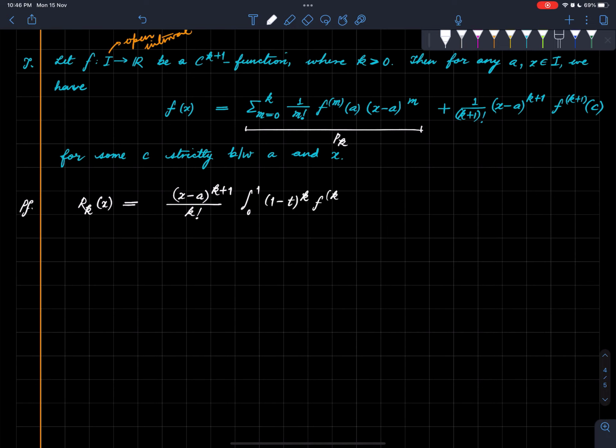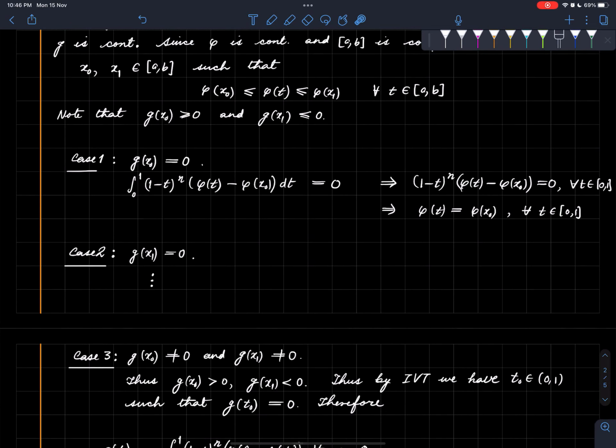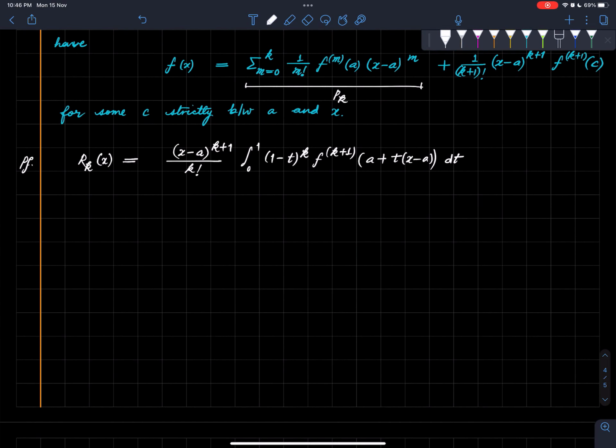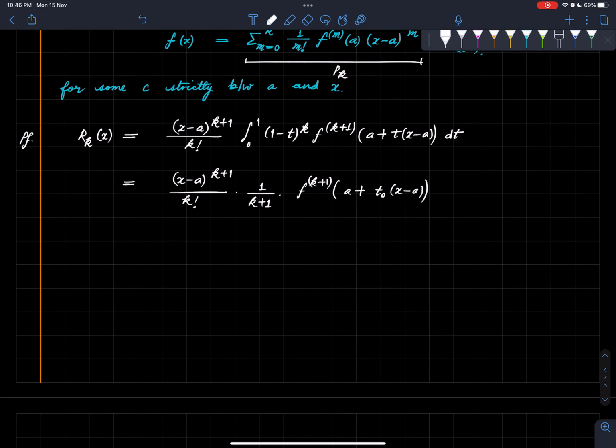So that's what it is, and now think of this as phi in our previous lemma. So by that lemma we know that this is equal to (x minus a)^(k+1) upon k factorial, times 1 upon k plus 1, times phi of a plus t naught times (x minus a), for some t naught strictly between 0 and 1.